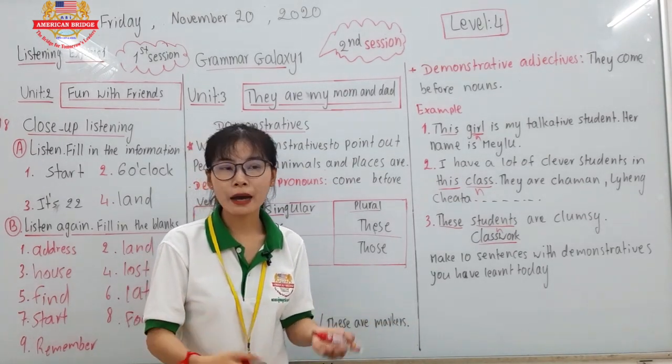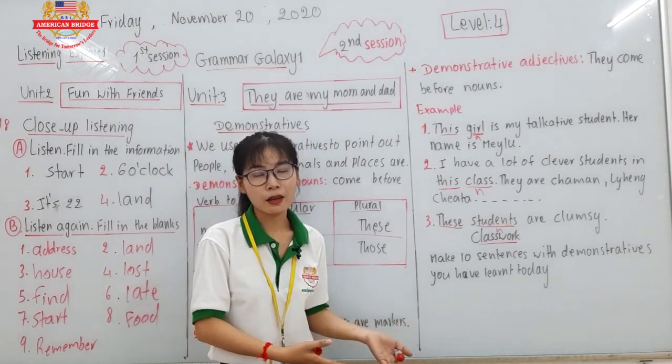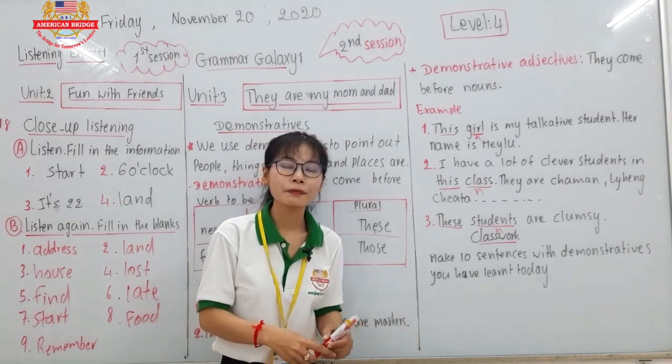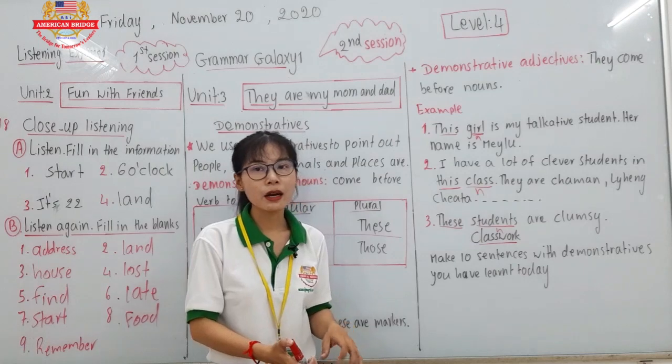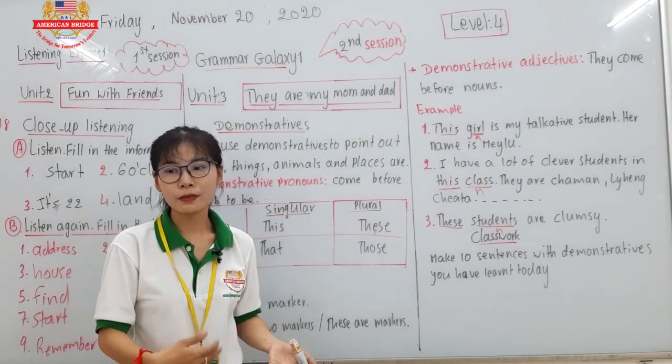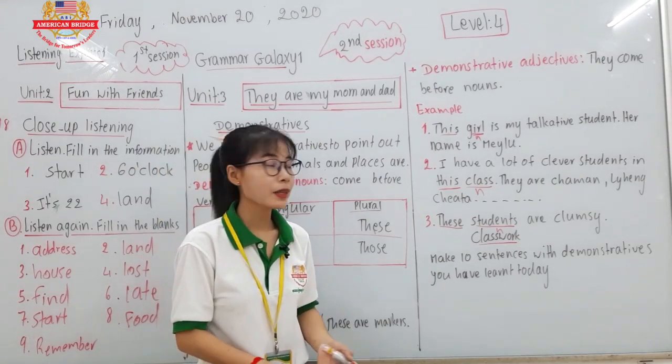They play, but they are learning. They don't just play and not care about their study. So I hope that you also can try to study hard and practice well, especially in English.